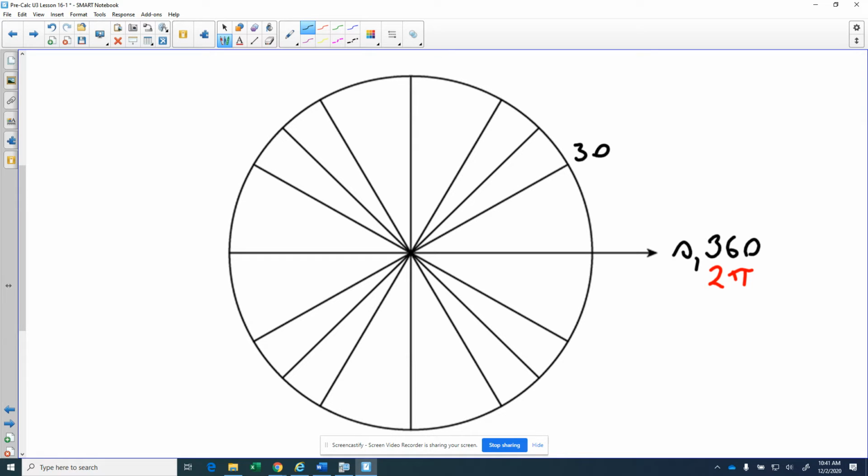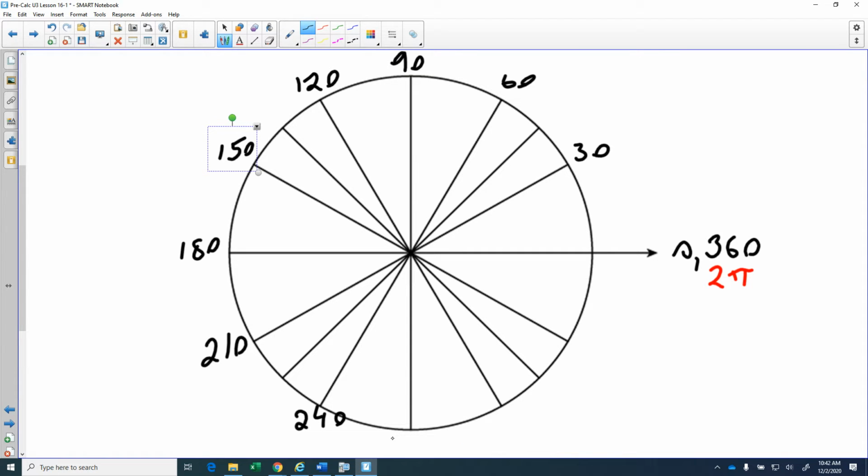So we go 30, up here is 60, 90, 120, 150, 180, 210, 240, 270, 300, and 330, till eventually we get back to 360 degrees. That's the first type of reference angles that we're going to use, and we're going to use a 30-degree angle to build off of this.